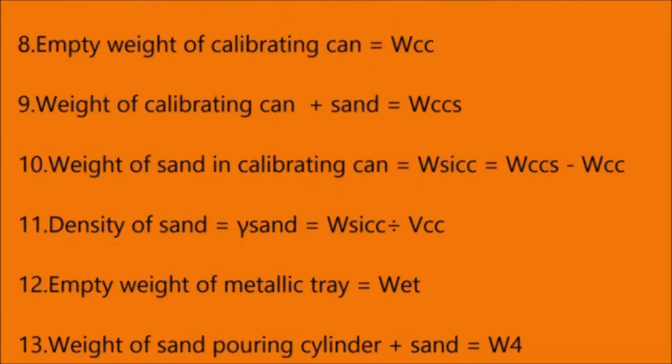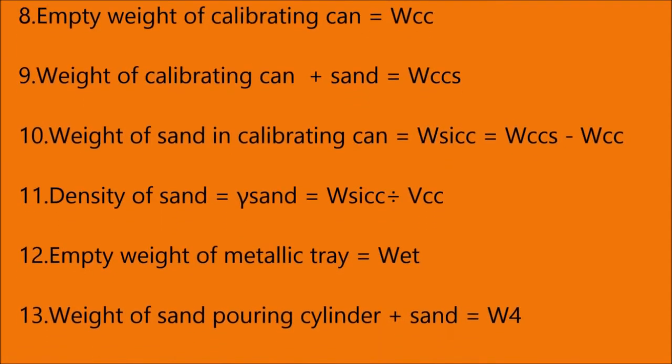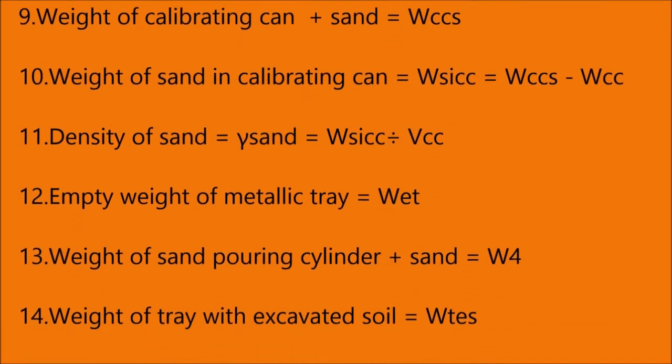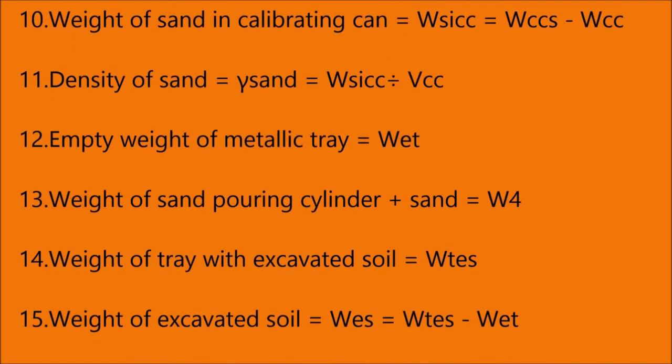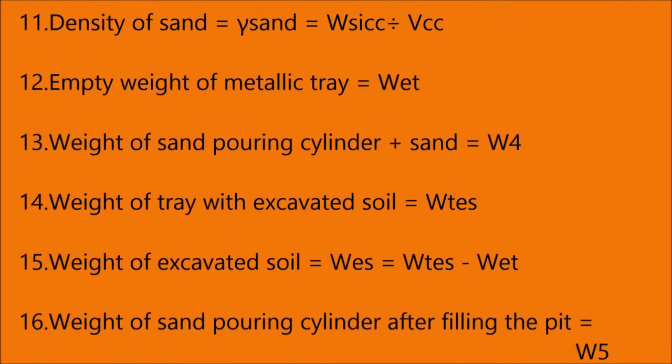Now calculate the weight of the sand in the calibrating can by deducting WCC from WCCS. The density of sand is given by the weight of sand in the calibrating can divided by the volume of the calibrating can. Here gamma sand is the density.